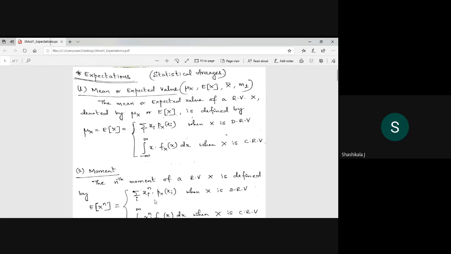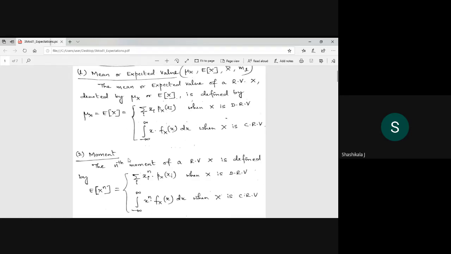Now it is the expectation. In terms of mathematics, it is like an integration, the integral of x into f of x. For the discrete random variable, it is xi into p of xi.